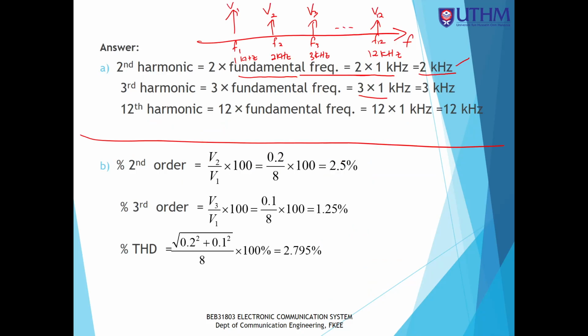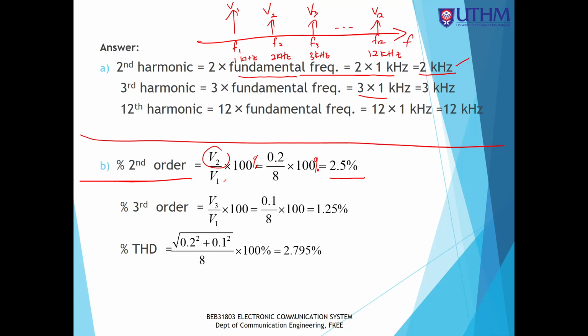The question asks: what is the second order, what is the third order, what is the total harmonic distortion? Second order harmonic distortion is equal to V2 divided by the fundamental V1, multiplied by 100%. So V2 is 0.2 volt divided by 8 volt multiplied by 100%, which gives 2.5%.